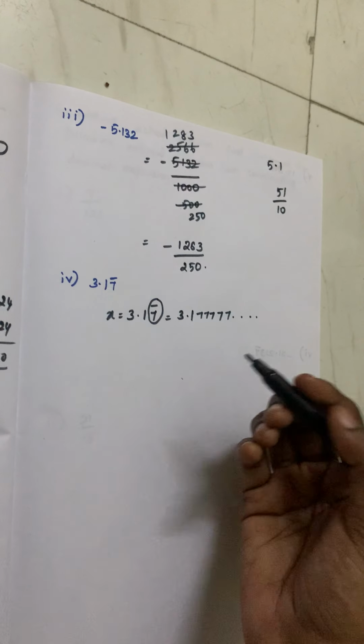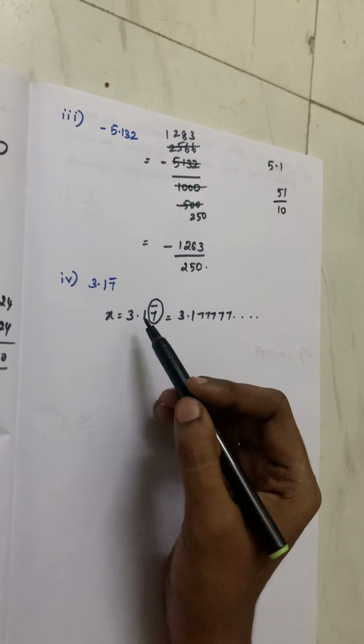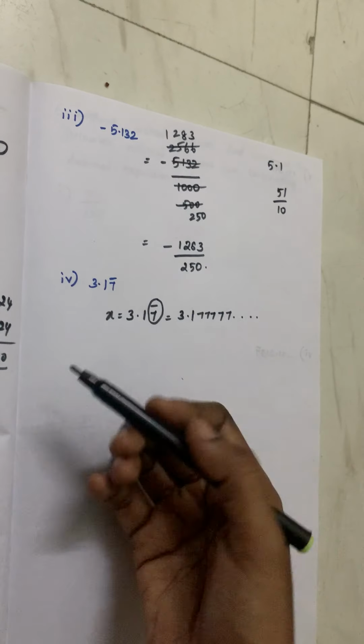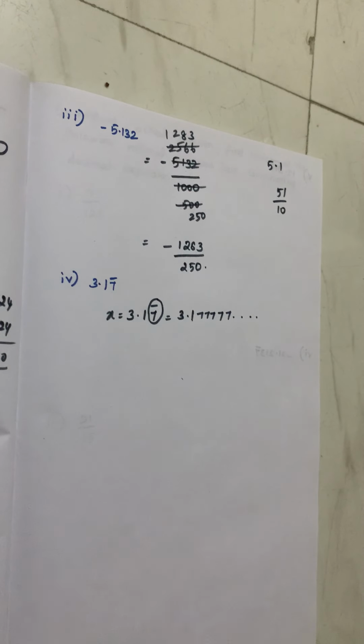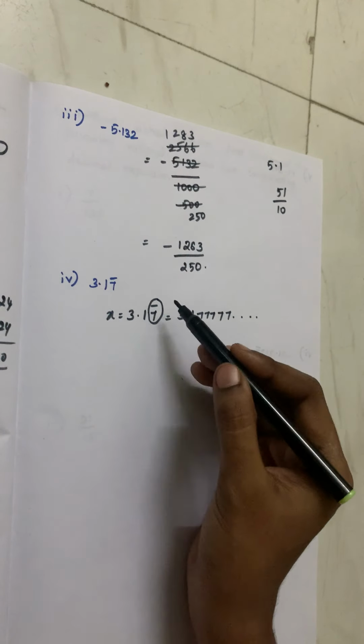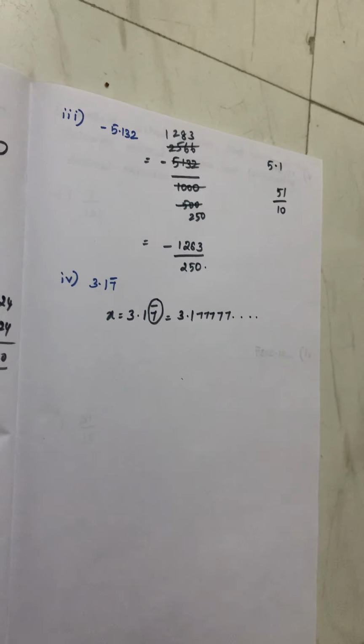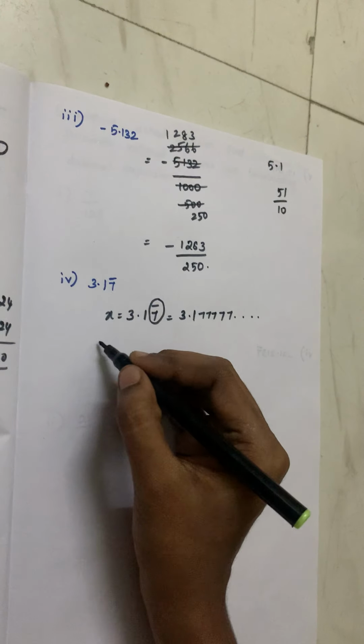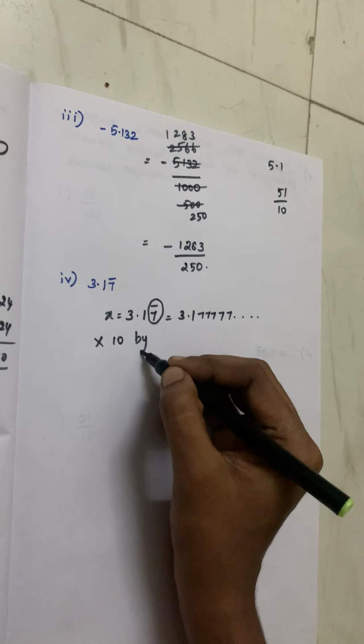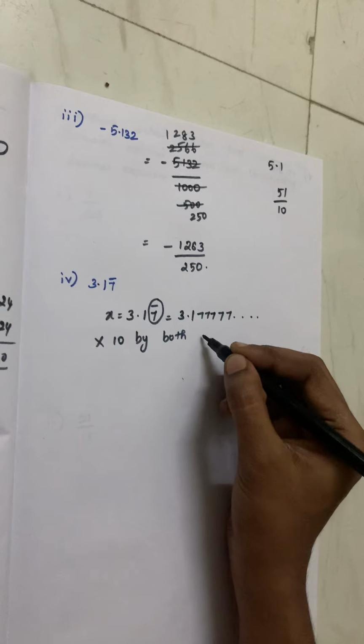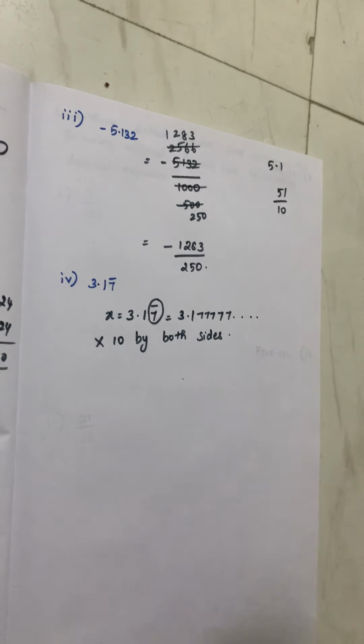Somebody will say to do it like that, since after the decimal there are two numbers, they'll put 100. Not like that. After the decimal point, the bar is only for one number, so you should multiply by only 10. So multiply by 10 on both sides.